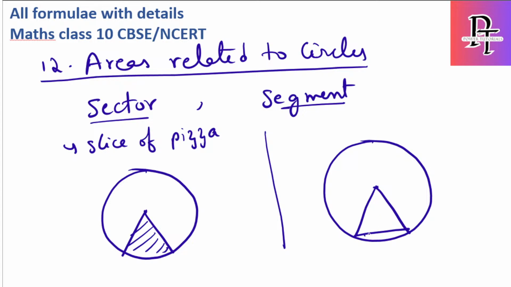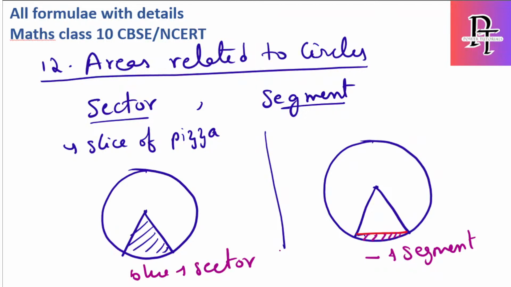This red line is the chord. The segment is the pink part here, whereas the blue shaded part is the sector.